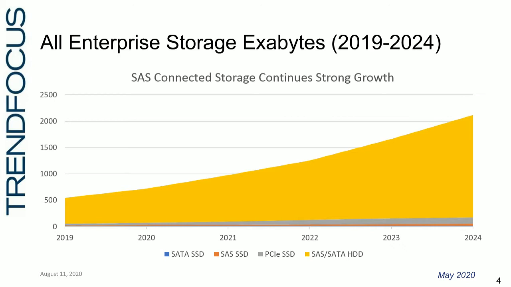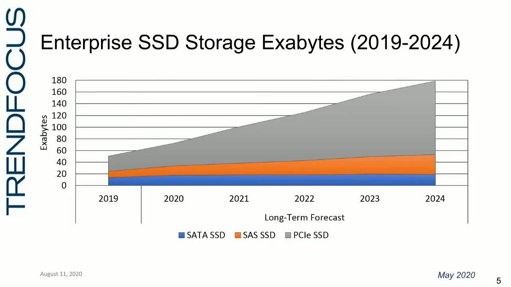To compare that to SSDs, they did about 20 exabytes in that same quarter. But when we break out SSDs and look at them by themselves, obviously PCIe NVMe jumps out. That is the dominant interface for SSDs currently and will continue to be in the future. 2019 was the tipping point.